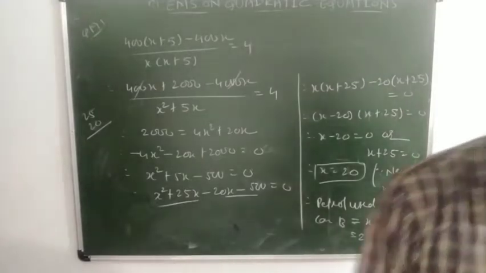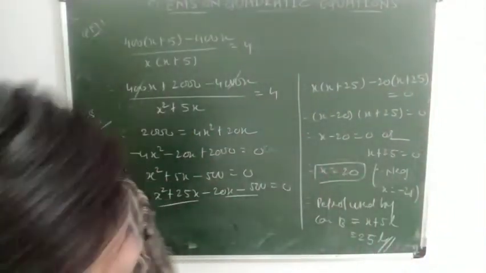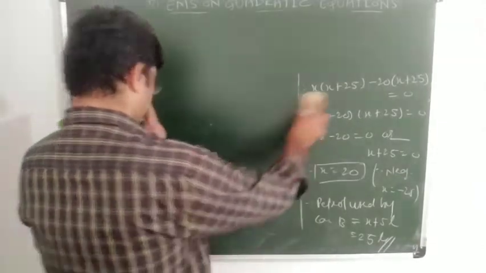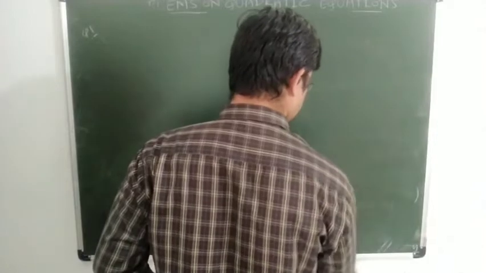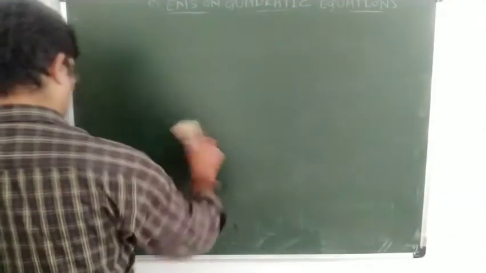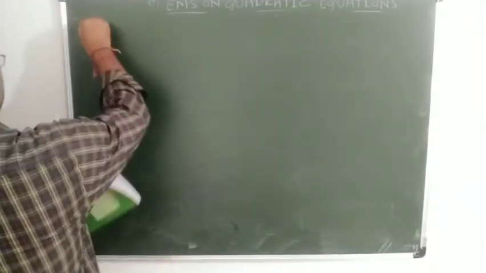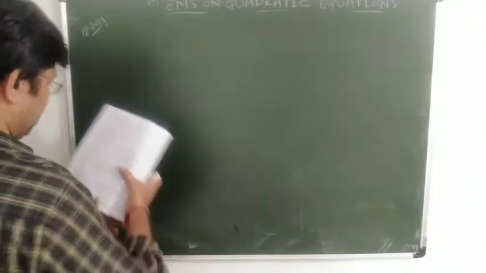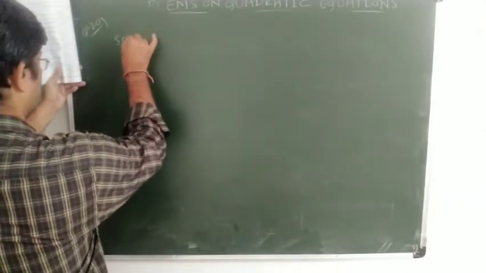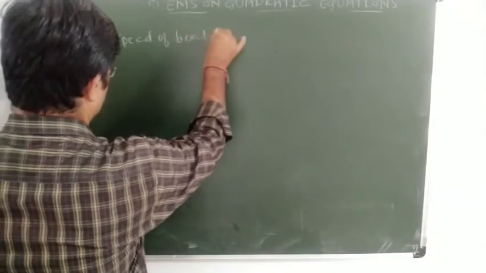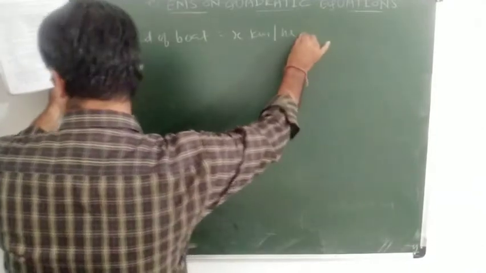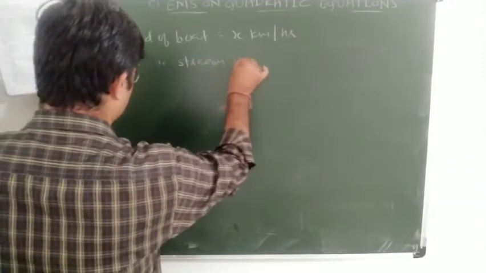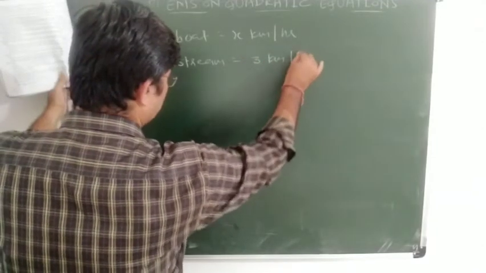Okay, so now let us solve the next question, that is question number 20. The speed of a boat in still water is x kilometer per hour, and the speed of stream of water is given as 3 kilometer per hour.